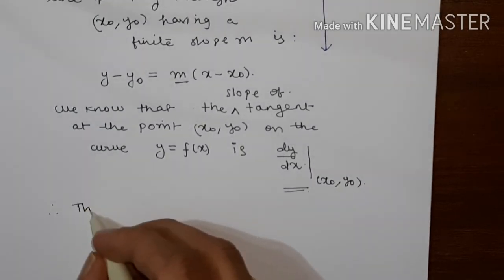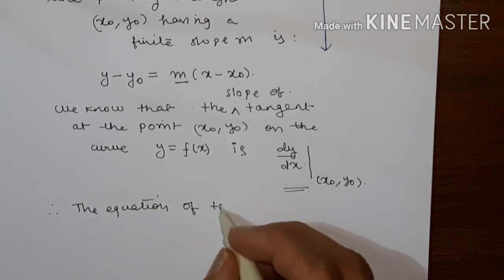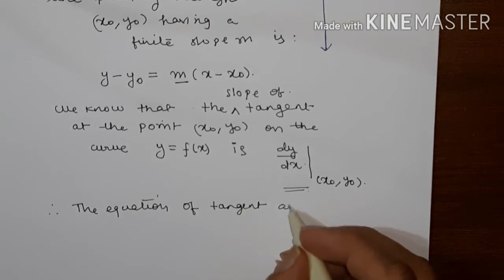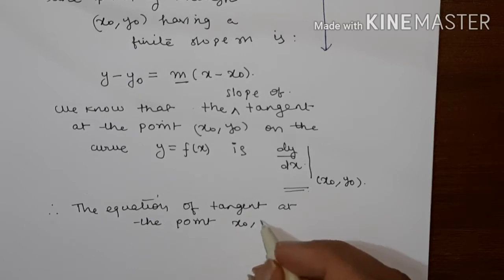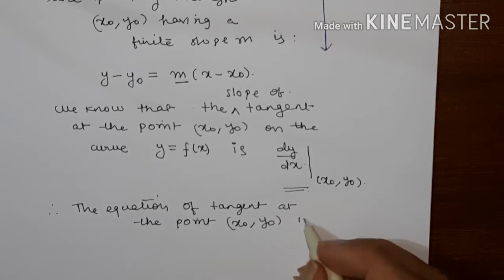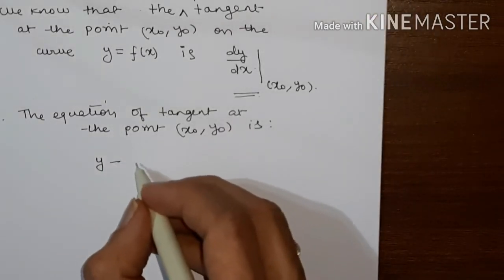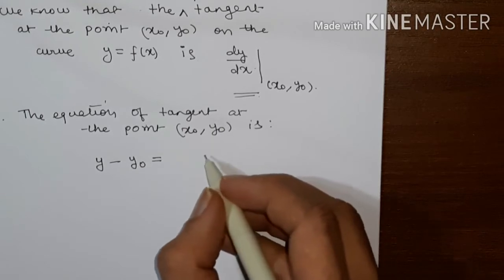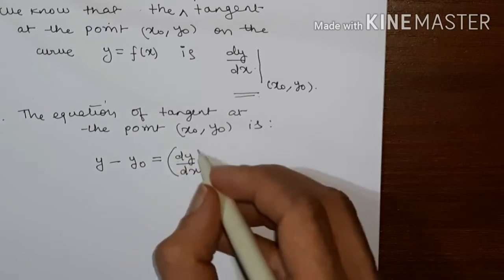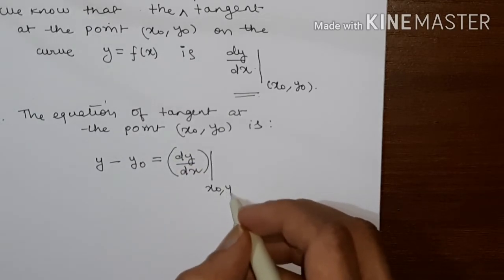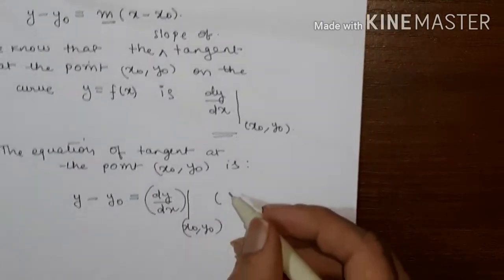So therefore the equation of the tangent at the point x naught comma y naught is y minus y naught equal to dy by dx at the point x naught comma y naught, multiplied by x minus x naught.